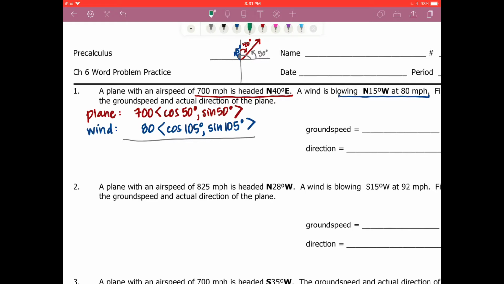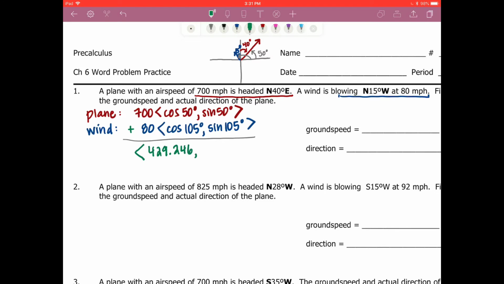And the result, when we put this into our calculator, we're going to put 700 times the cosine of 50 degrees plus 80 times the cosine of 105 degrees, which will give us a horizontal component of 429.246.